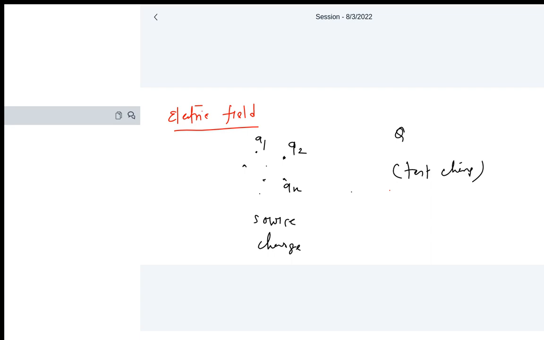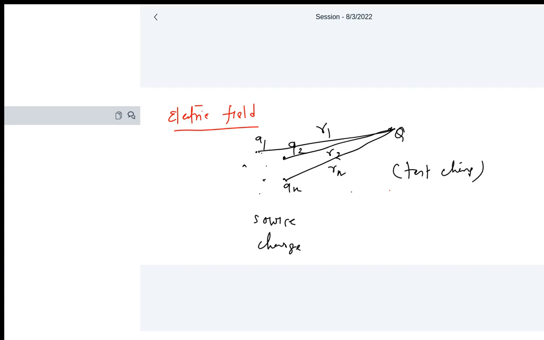Now, the distance between the source charges and the test charge: from Q1 to Q the distance is R1, from Q2 the distance is R2, and from Qn the distance is Rn.